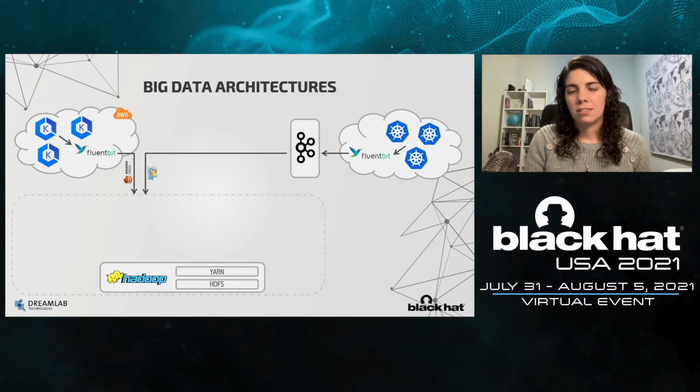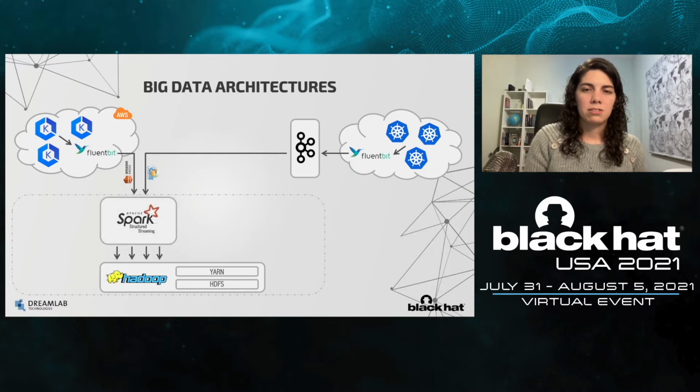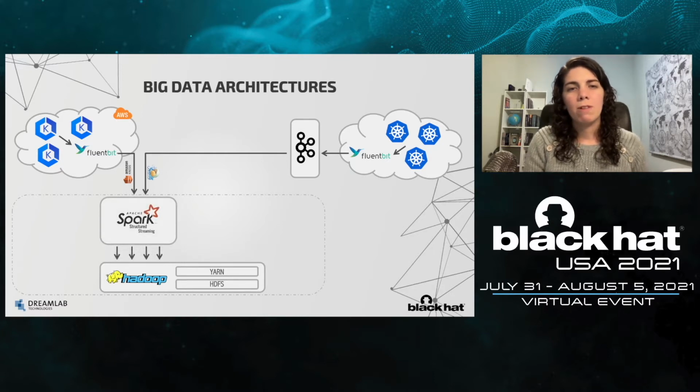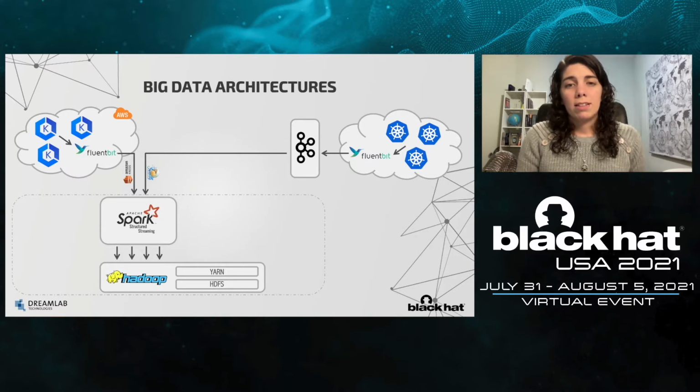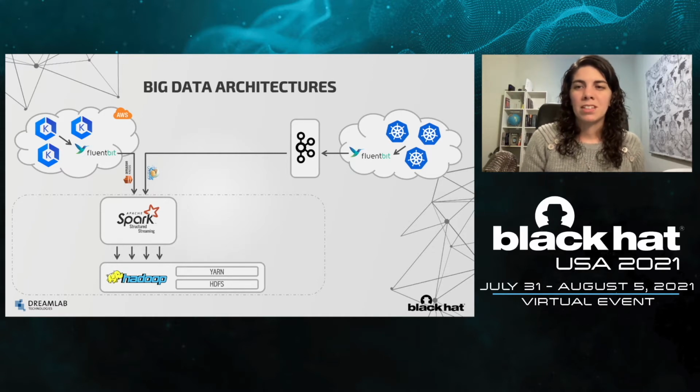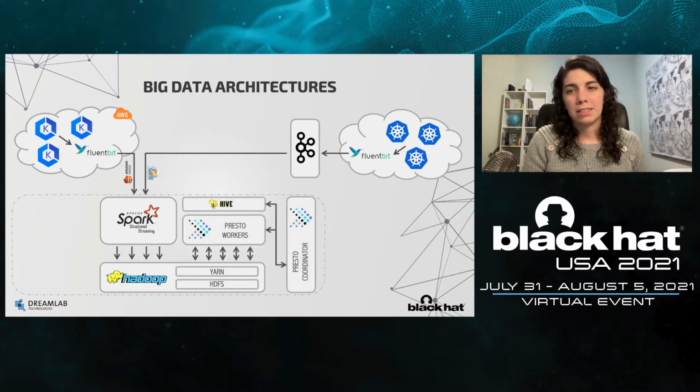Within the Hadoop cluster, the first component that will receive the data is Spark Structured Streaming. This one will take care of ingesting and also processing the information before dumping it into the Hadoop file system. So once we have our information here, we want to access it. So for that, we could implement, for example, Hive and Presto.